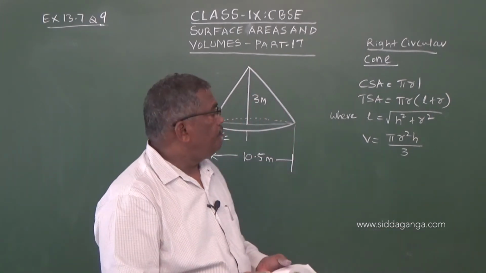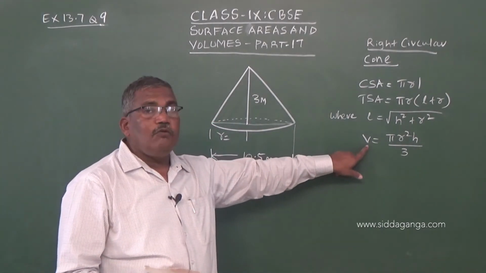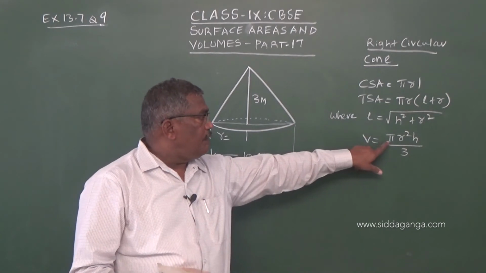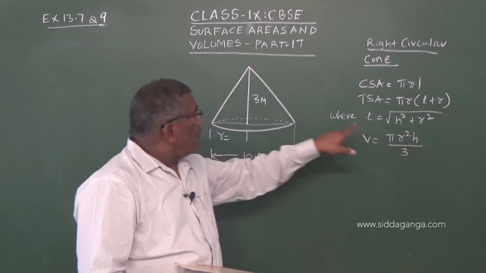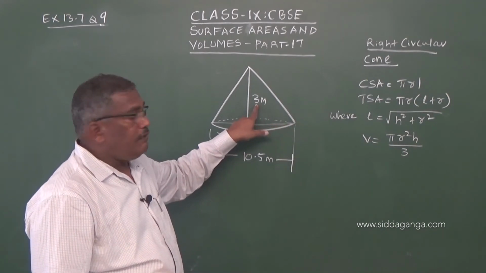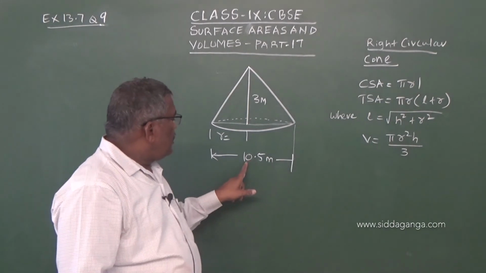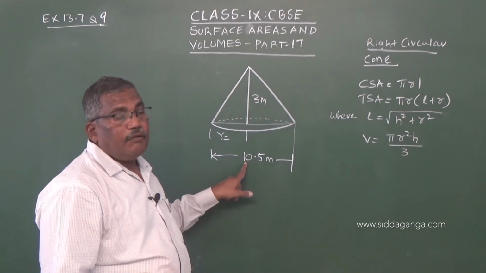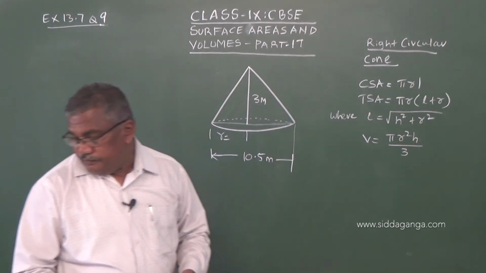Find its volume. So you can see here, to find the volume, what are the requirements? We have pi, we need radius and height. Height is given here, this is 3 meters. Instead of radius, it is given diameter. We have to calculate the radius and we can apply this formula.